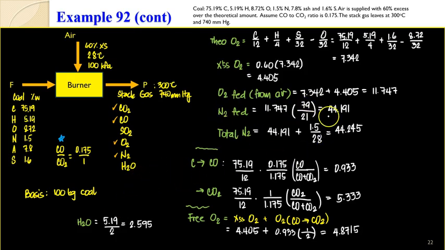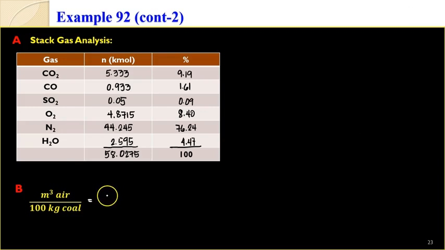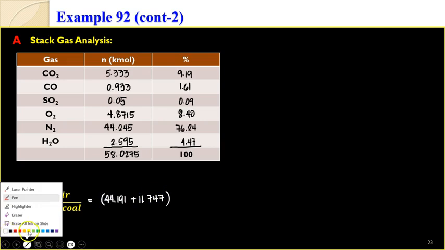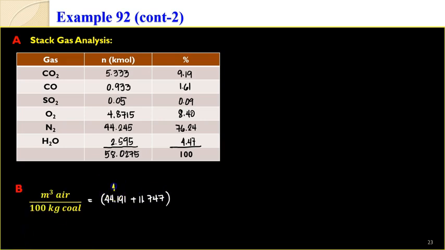So that's 44.191 plus 11.747, because it says it's essentially dry, so there's no need to solve for water. This is your nitrogen from air, and this is your oxygen from air.